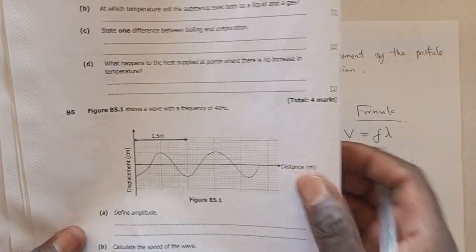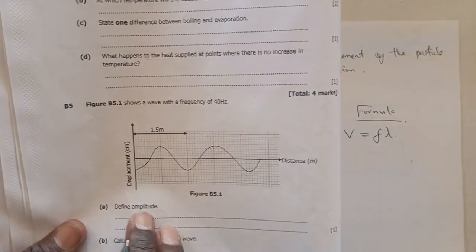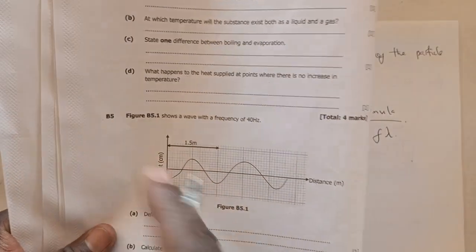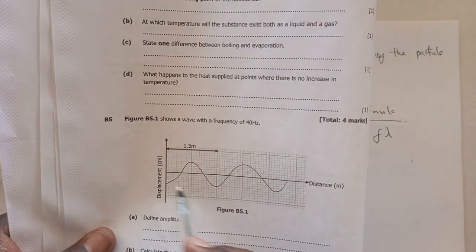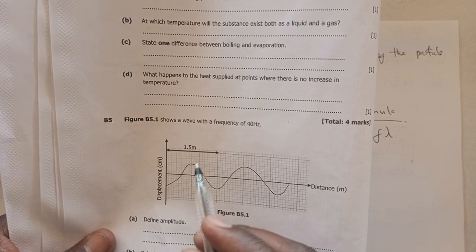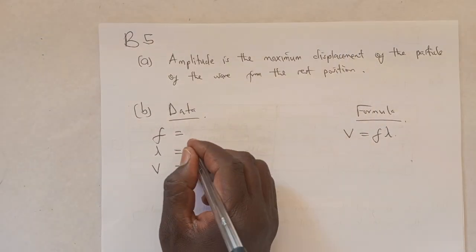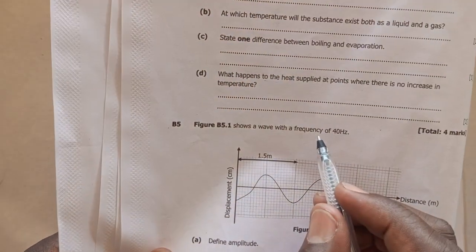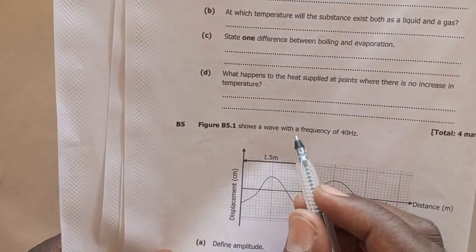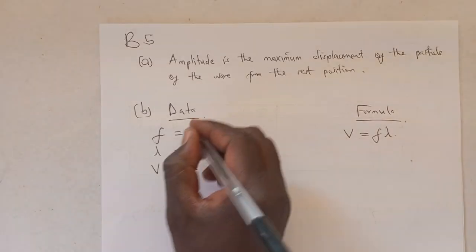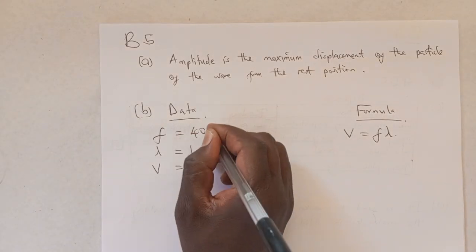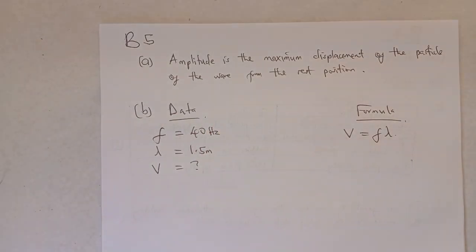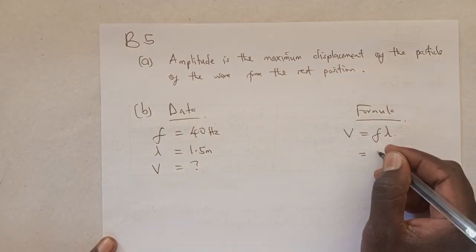So now, from the question, what do we have? This one is the wavelength, because remember, this wave starts from here and ends here. This is the wavelength, and the wavelength is 1.5 meters. What about frequency? We are told that this wave has a frequency of 40 Hz. So how do we now do the calculation? We just multiply the two.